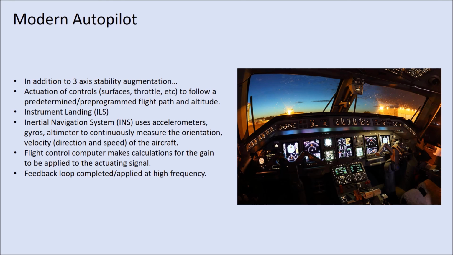So obviously these days the flight control computer is very sophisticated, can make many calculations per second, and basically provide a very high frequency feedback loop for our closed loop system.